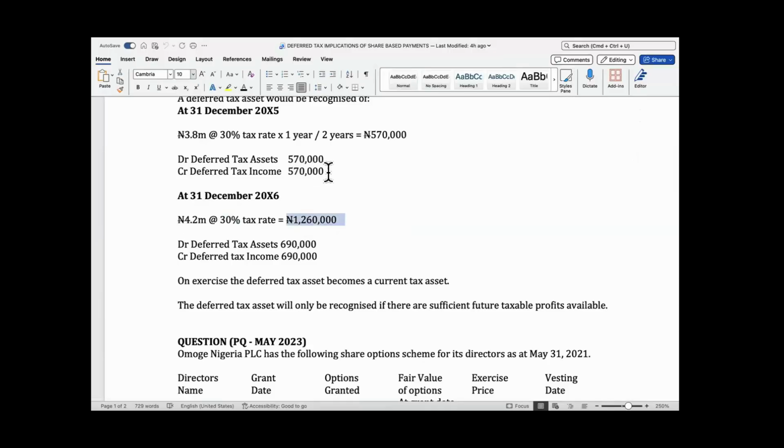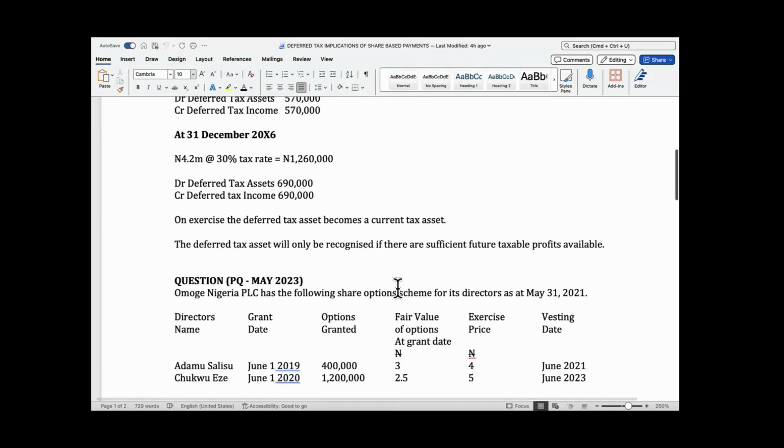So 1260 minus 570 gives 690. And that's what goes to P&L as deferred tax income. By the time you debit deferred tax assets, it brings it up to this, because this is what was your deferred tax asset as at year one. And that's how deferred tax on share-based payment works. It's not really more than that.